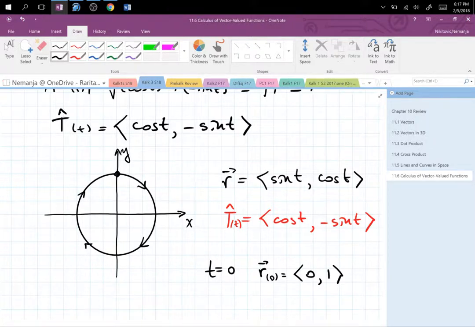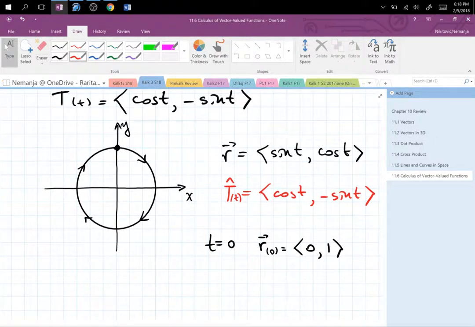And what happens next? What is the corresponding tangent vector? 1, 0. Do we see that?